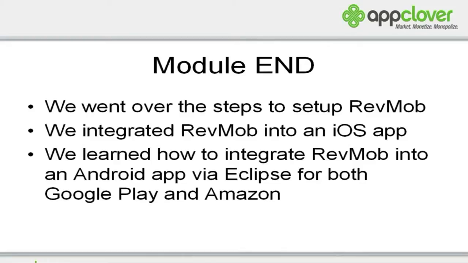The Amazon code is the exact same code as the Google Play one that I showed you in Eclipse, and all you're doing is swapping the IDs with the Amazon ID that you got from RevMob. Everything else is the exact same. So once you set that up, test it out, make sure everything is running, sign your applications, upload them, and start making some money.